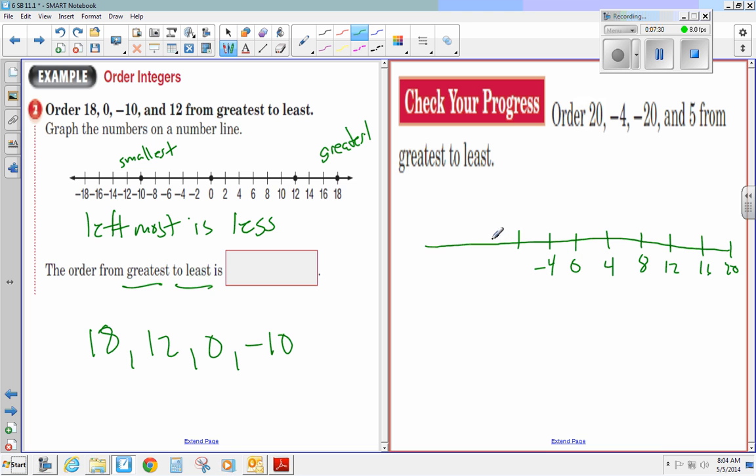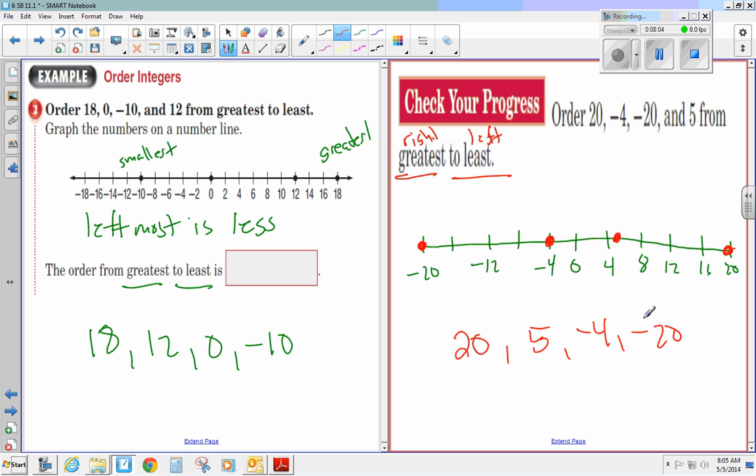Negative 4, negative 8, negative 12, negative 16, negative 20. So let's plot these on a number line. Negative 20, negative 4, 5, and 20. So greatest to least. Remember, greatest is to the right, least is to the left. So the greatest number is 20, then 5, then negative 4, then negative 20. This is ordering them from greatest to least.